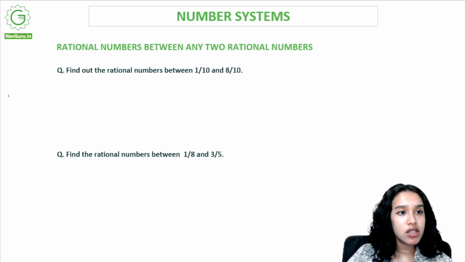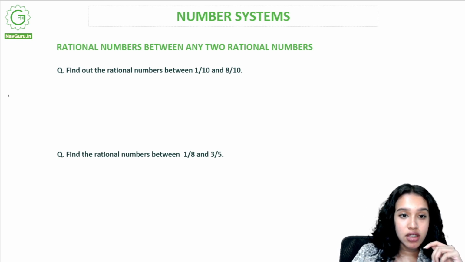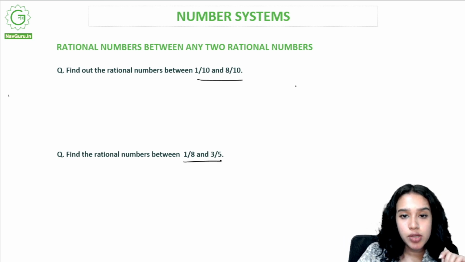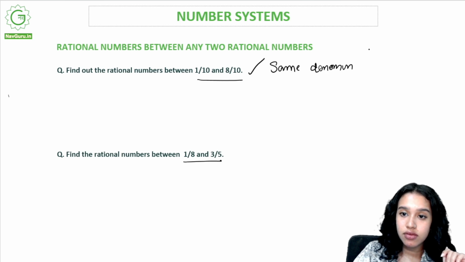These questions would be of two types. The first is find out the rational number between 1 by 10 and 8 by 10. The second question is 1 by 8 and 3 by 5. What is basically the difference between them? This one has the same denominator, whereas this one has a different denominator.